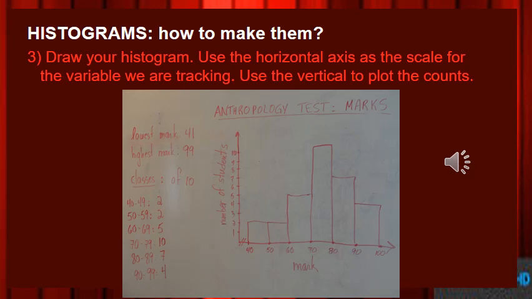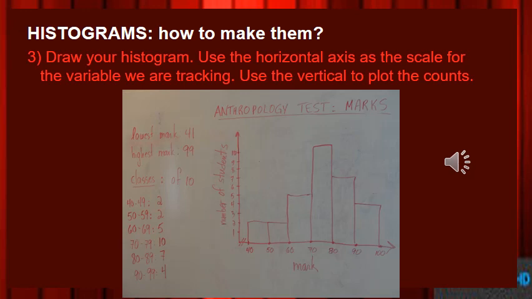So my vertical axis will have to be divided between 1 and at least 10 here. And my horizontal axis will have to be divided between 40 and 99, because this is the minimum and the maximum of my distribution.